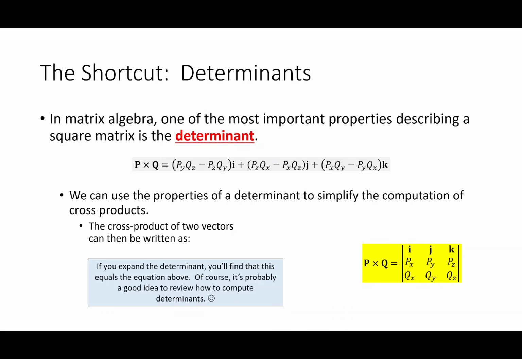A determinant is a characteristic of a square matrix. Not to go down the linear algebra rabbit hole, but determinants will tell you a lot about linear systems. For example, remember when we were solving 2 by 2 and 3 by 3 systems of equations? If you take the determinant of those square matrices and you get a 0, that means the system doesn't have a solution.